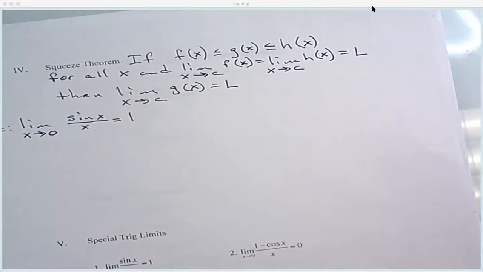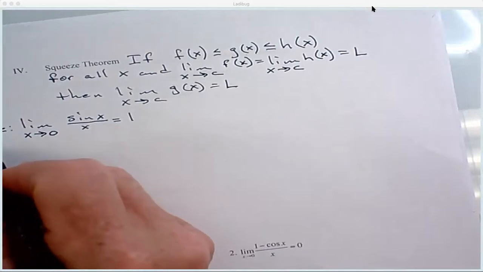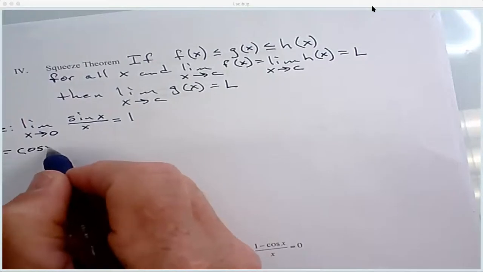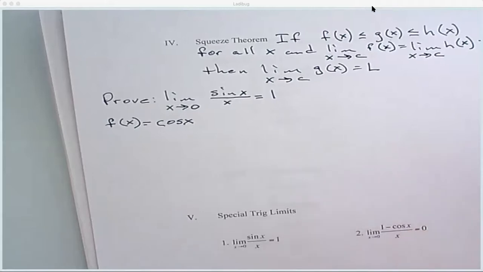So I got to come up with two functions, okay? The first function I'm going to come up with, I'm going to let f of x equal the cosine of x. That's my smaller function, okay? Now, Nora McDonald, what's the greatest number cosine can be? 1.